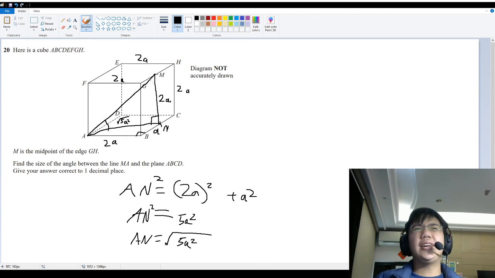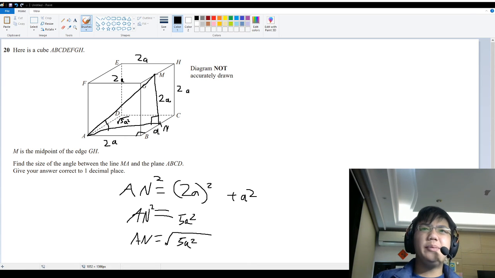So now we have the length of the height and the opposite and the adjacent. We don't even need to find the length of the hypotenuse to solve for the angle MAN.